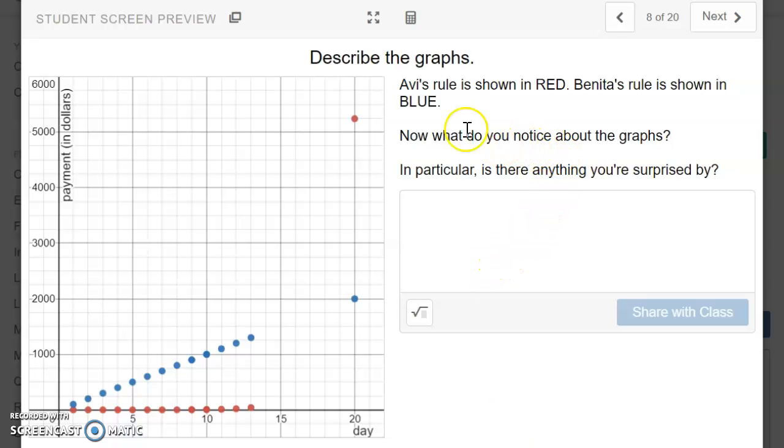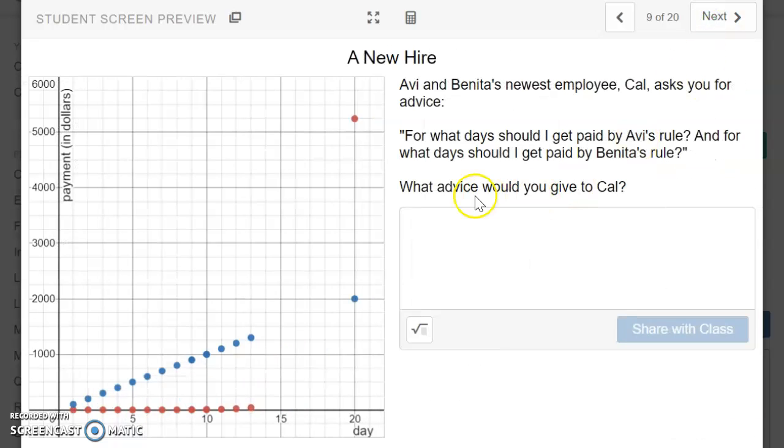Okay, so card number 8. Avi's rule is shown in red, Benita's rule is shown in blue. Now what do you notice about the graphs? It looks like Avi eventually takes over and is paying much more. By the 20th day, she is paying a whole lot more than Benita. That's what I noticed. Then Avi and Benita's newest employee, Carl, asks you for advice.